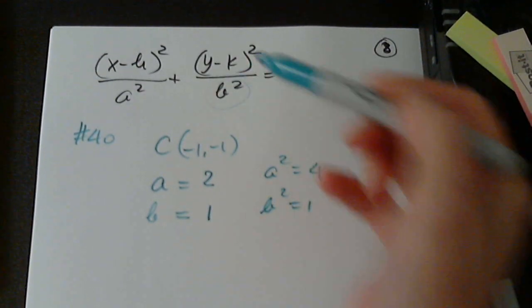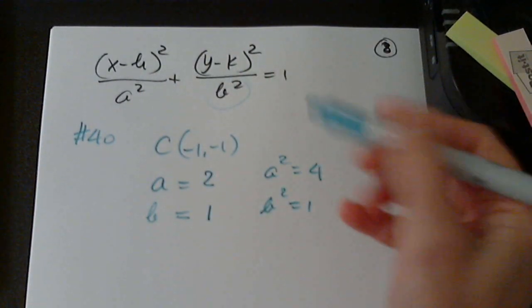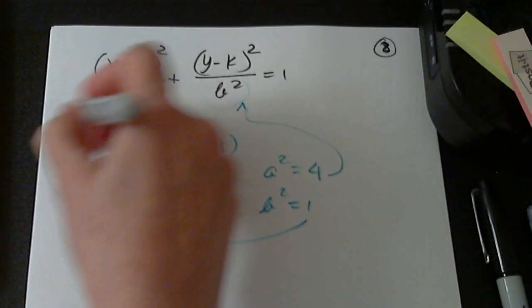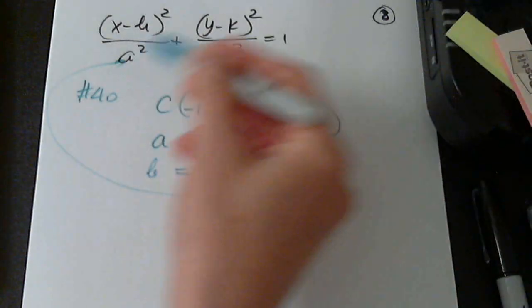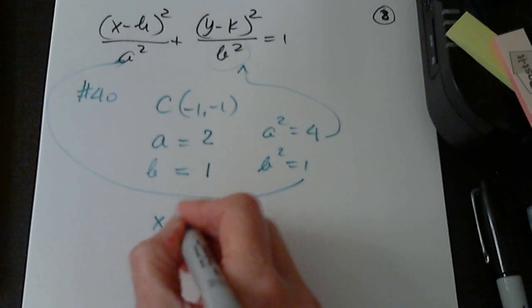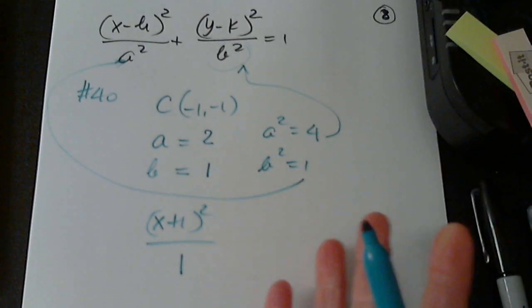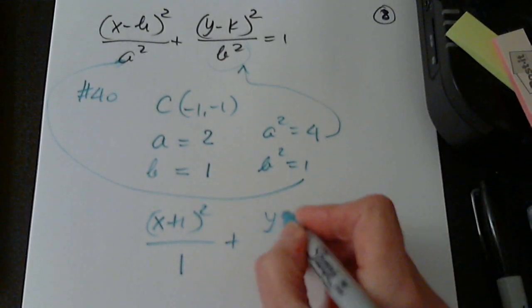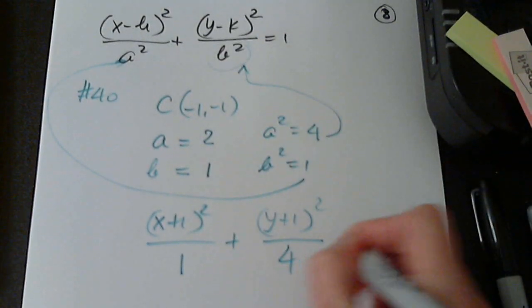Because it's a vertical major axis, this will be A squared, which is 4, and this will be B squared. So then (x minus h), x plus 1 squared, divided by the smaller of the two. You don't have to write 1, but I'm going to write it. And y plus 1, everything squared, divided by 4, equals 1.